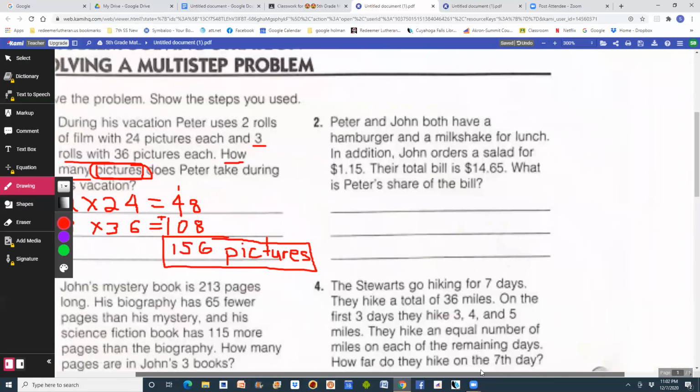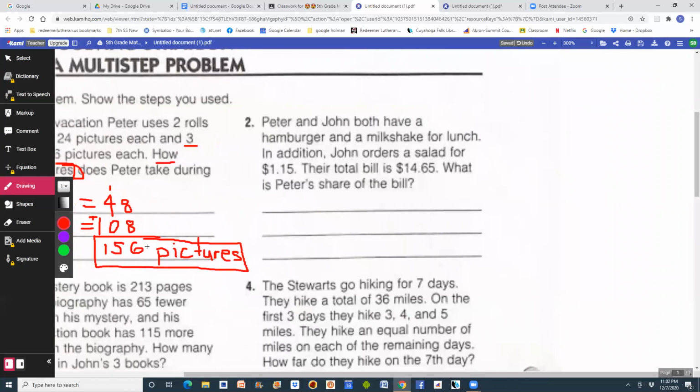All right, let's go ahead and look at question number 2. Peter and John both have a hamburger and a milkshake for lunch. In addition, John orders a salad for $1.15. Good for John, he got the salad. Their total bill was $14.65.